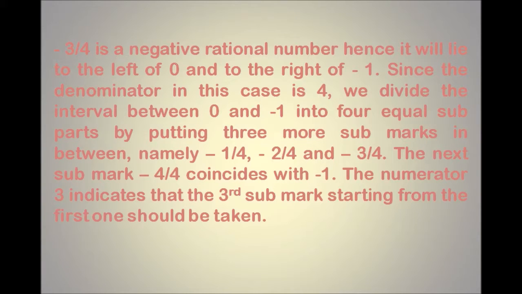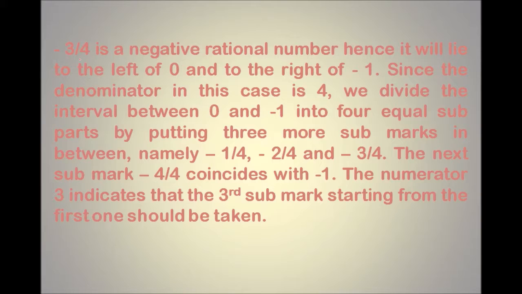Minus 3 by 4 is a negative rational number. Hence, it will lie to the left of 0, obviously, because all the negative numbers are to the left of 0. Now on the number line, it lies to the left of 0 and to the right of minus 1.